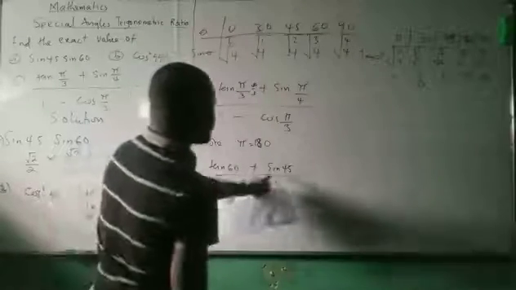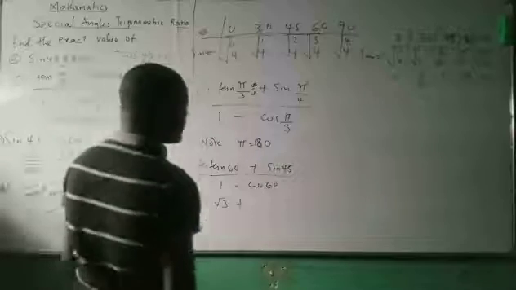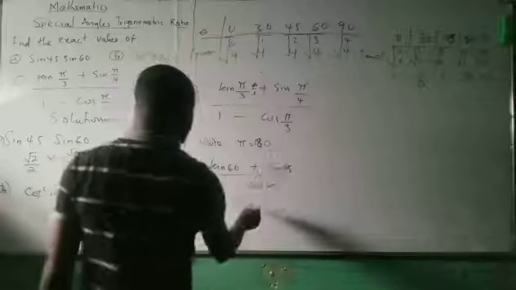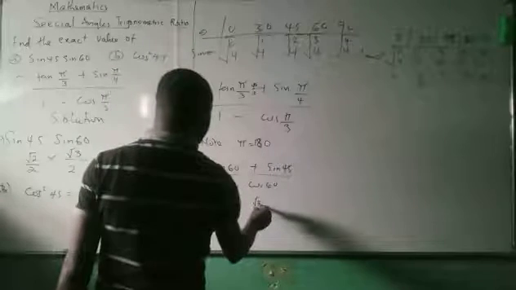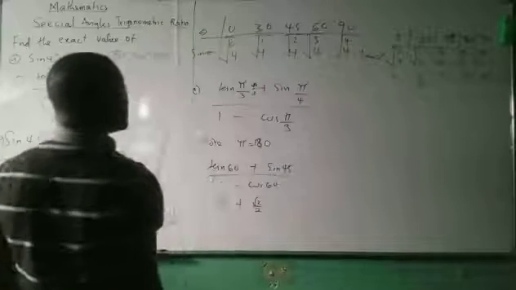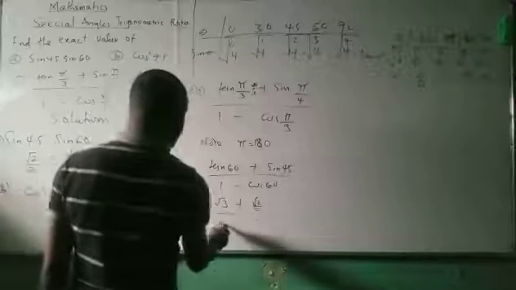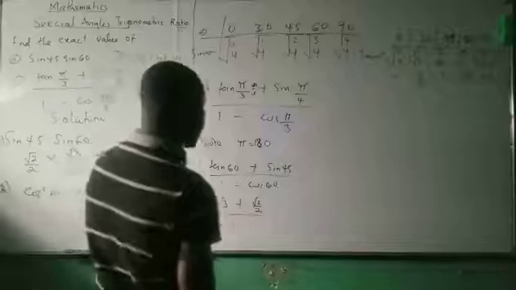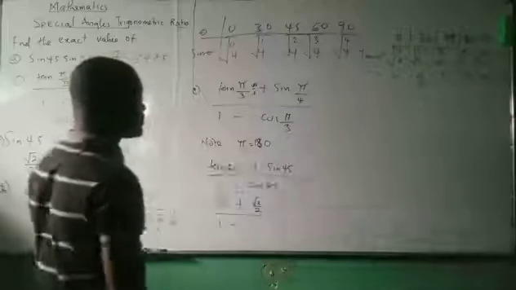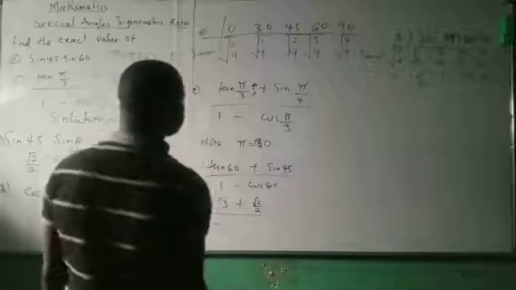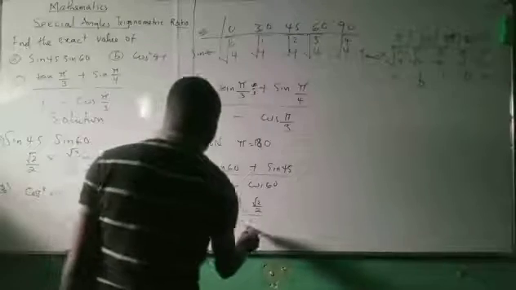Plus, what's my sine 45? Sine 45 is going to be root 2 all over 2, and the last one is 1 divided by 1 minus cos 60. Cos 60 is always equal to 1 all over 2.